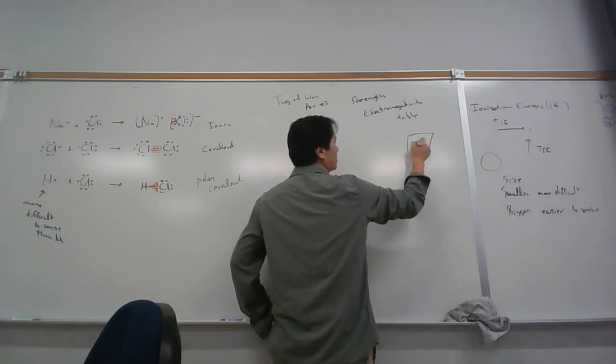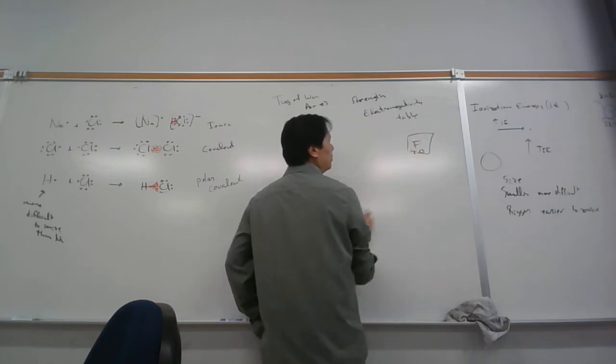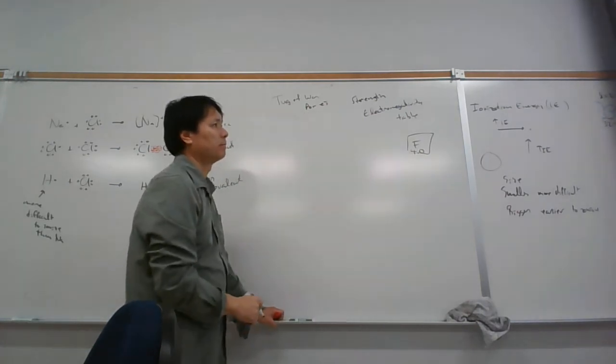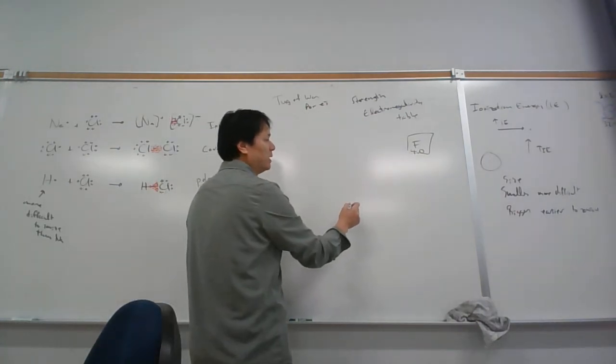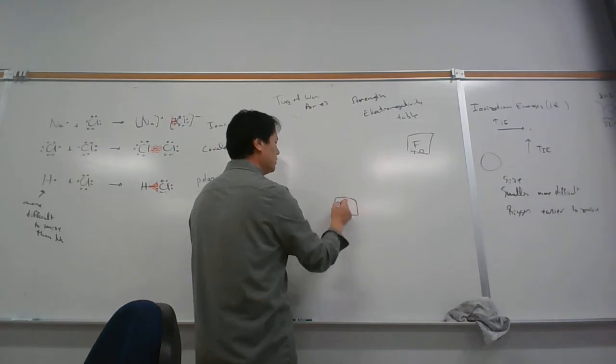Fluorine is the strongest. It gets 4.0. Cesium and francium is the weakest. Francium is the weakest here. It gets a 0.7.